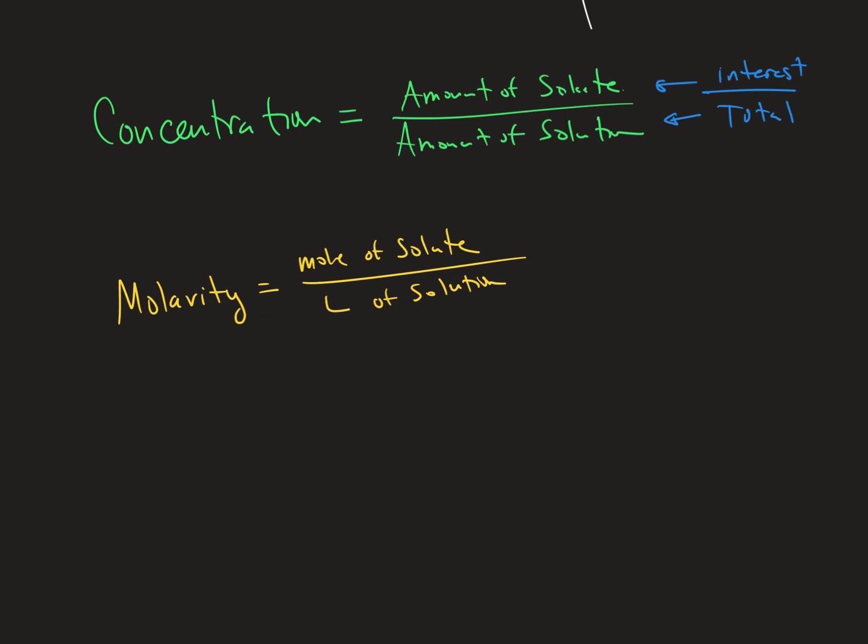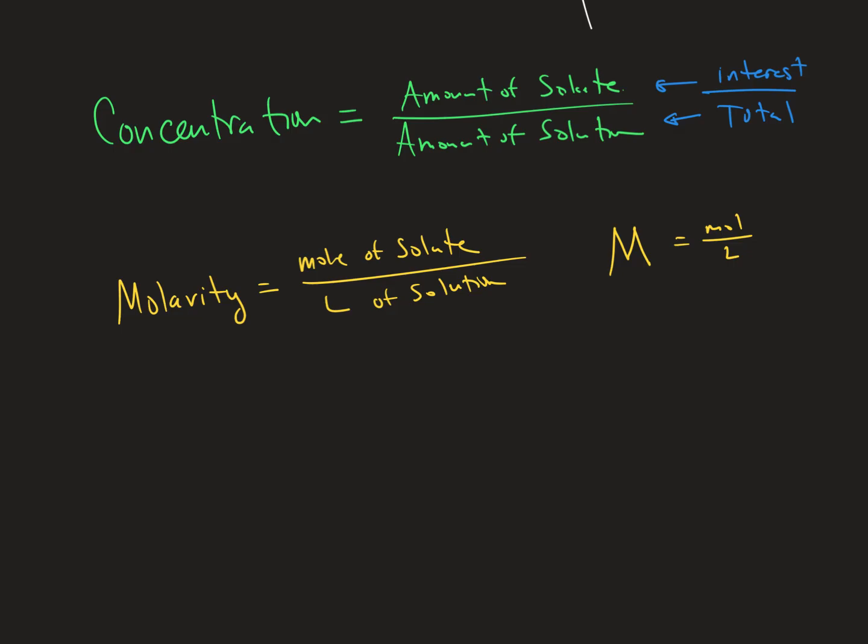So the symbol we use for molarity is capital M. Don't get that confused with mega. Is it easy to get that confused with mega? It's not, because mega is a prefix, right? This is just one symbol by itself. So molarity is capital M, and that is moles over liter.